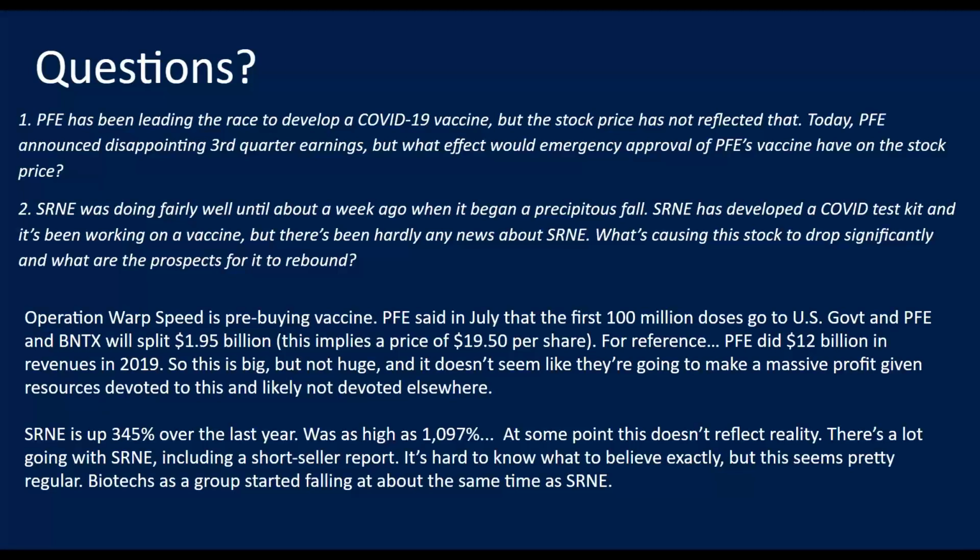So yeah, that almost $2 billion is big, but not outsized huge. And at $19.50, I haven't really researched this, but my guess is Pfizer typically comes to market with new products that they spent billions of dollars developing at a higher price point than $19.50.